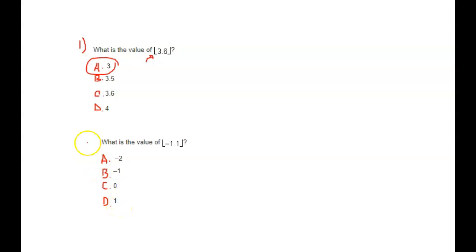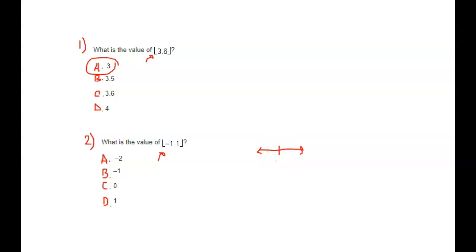All right, let's look at the second one. It says, what is the value of, again, I know this is the greatest integer because the brackets are going down, negative 1.1. Now, negative values, we've got to be careful. Remember I said just draw a quick number line or just remember the number line.